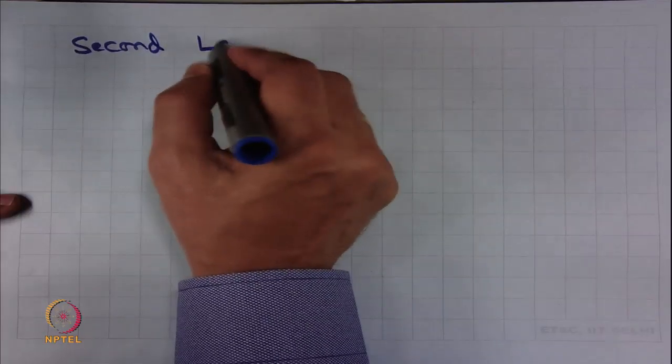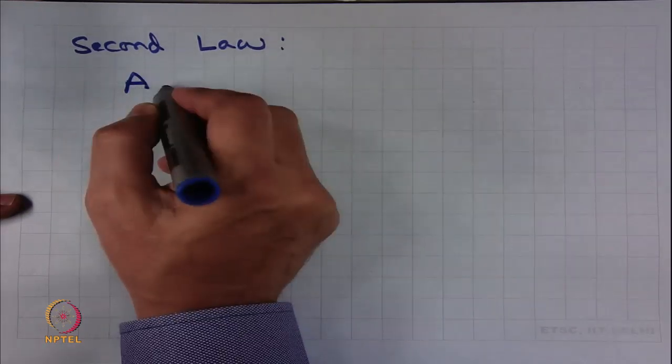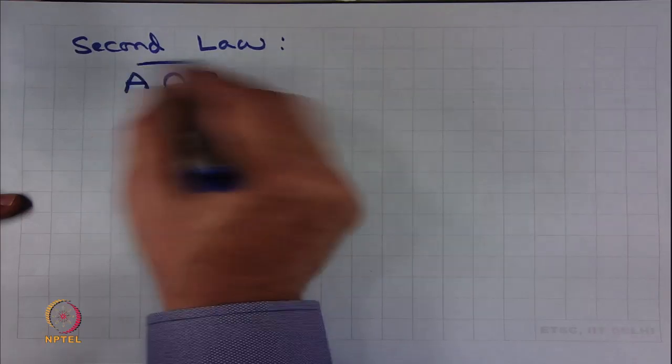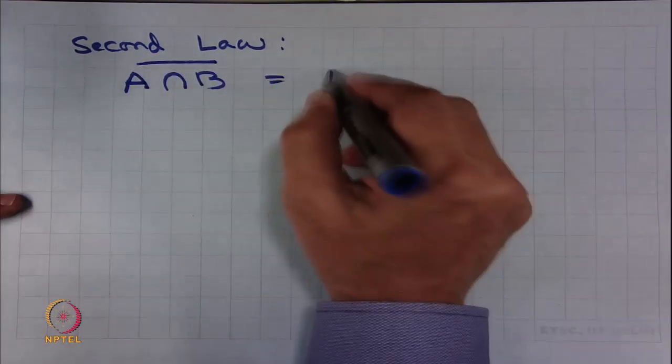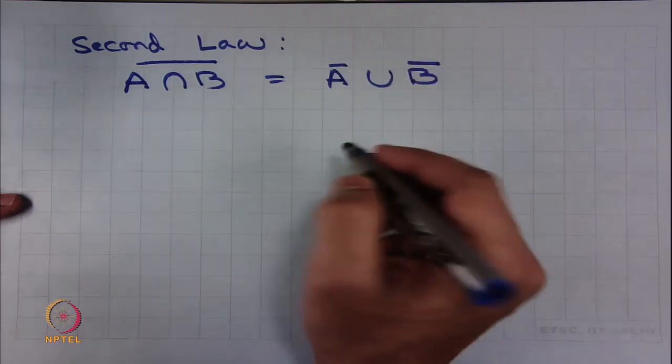The second law is (A intersection B) complement is equal to A complement union B complement.